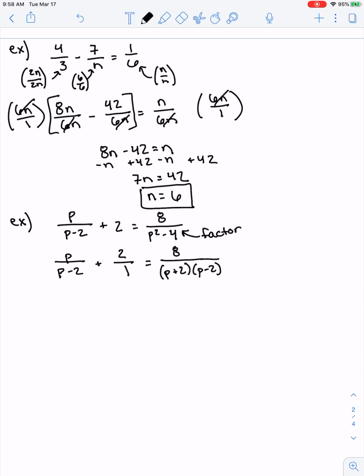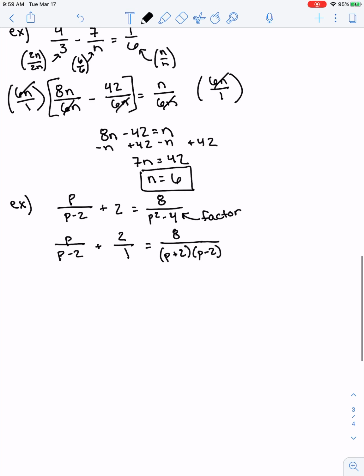Now just like how we were doing in 8.1 and 8.2, this now is a lot easier to see what the rest of the denominators are missing. This one is missing all, so this one will have to be multiplied by (p plus 2)(p minus 2) over (p plus 2)(p minus 2). This one is just missing a (p plus 2) over (p plus 2).